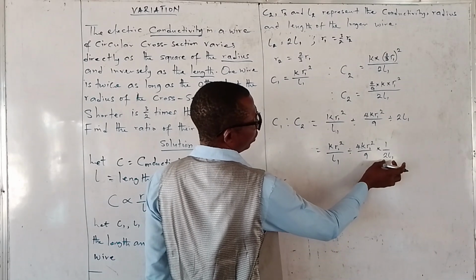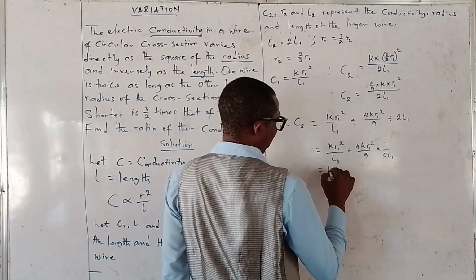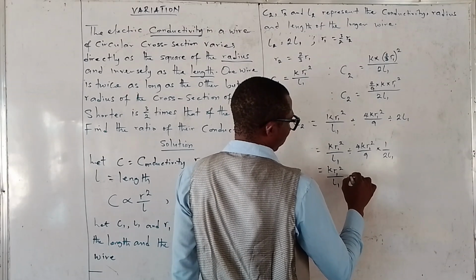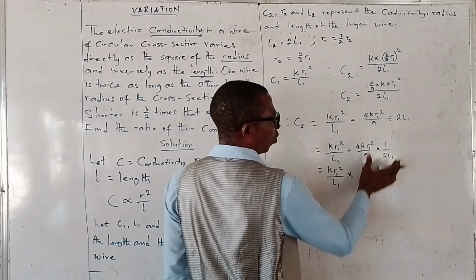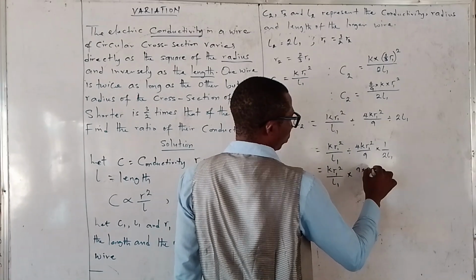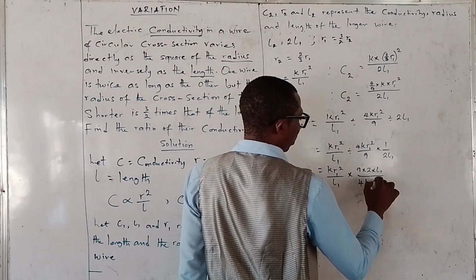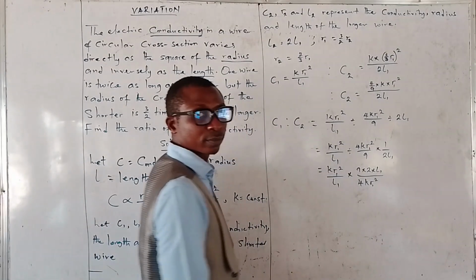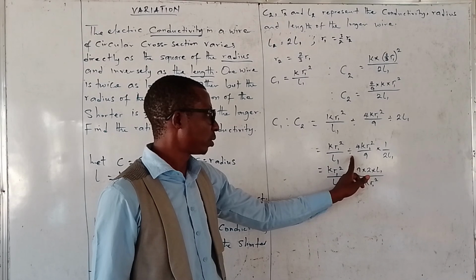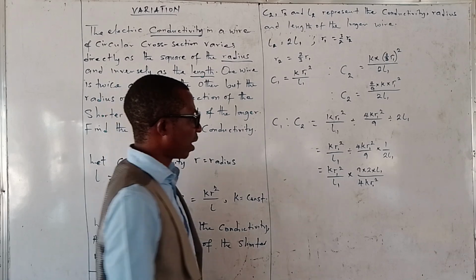So when you do that, this one will multiply this. That is going to give us K R1 squared over L1 times everything in the denominator moves up. This one comes down. So we have 9 times 2 times L1 over 4K R1 squared times 1. Once you turn this division to multiplication, the denominator comes up, the numerator comes down. So we can now cancel.